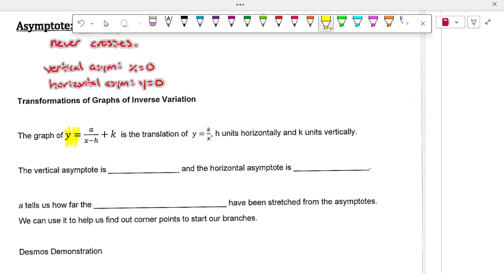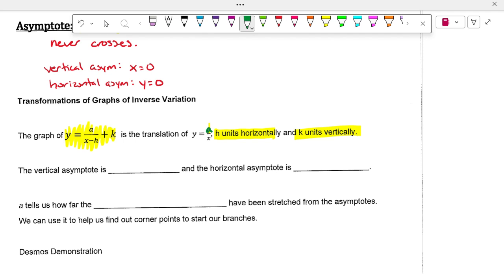This graph right here, that's the typical form you'll see a rational function in. Now, this is the translation of y equals a over x, h units horizontally, and k units vertically. I don't know why it says k. That should be an A. I didn't make this. All right, anyway.